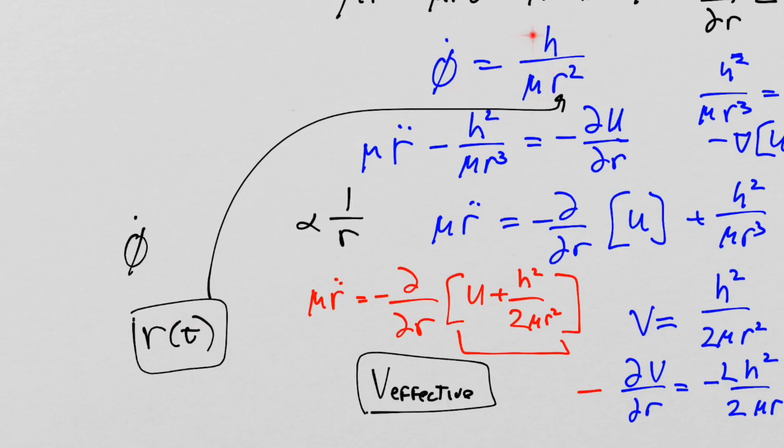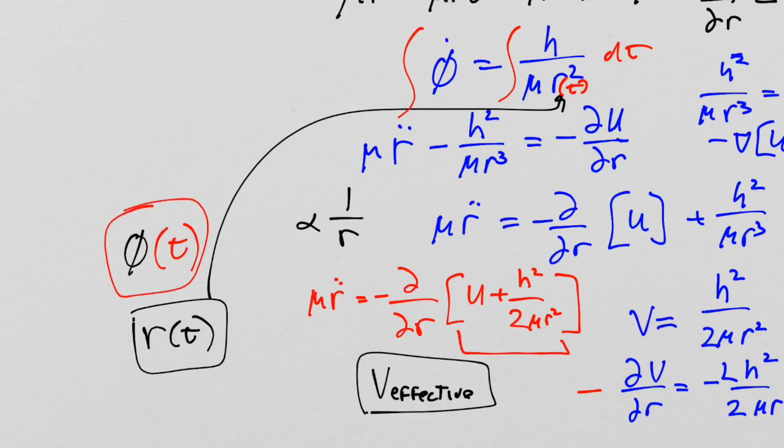So this will be a differential equation with respect to the independent variable time, which we integrate. We would integrate both sides, because this is now r of t dt, and we would end up with an equation for phi with respect to time. Phi with respect to time, r with respect to time, that's the answer to the problem. That is the solution to the problem.